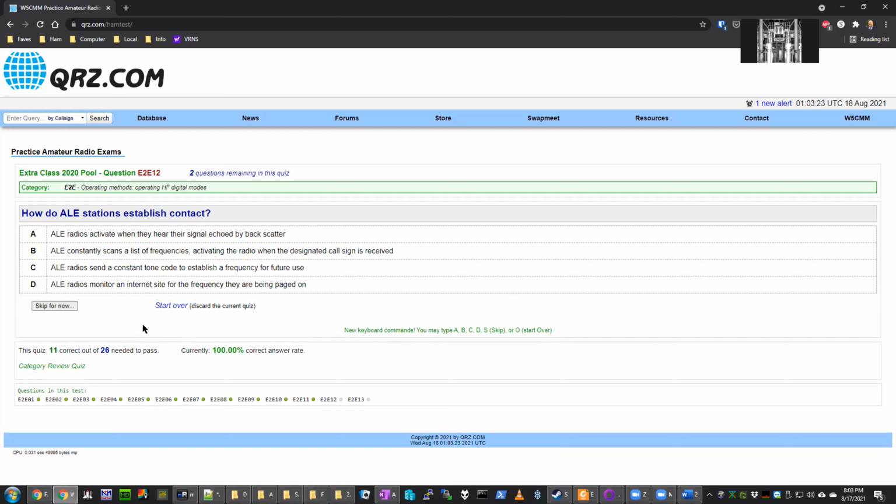How do ALE stations establish contact? Bravo. Yeah, B. ALE is short for automatic link establishment. It's used very much by the military to ensure communications between two stations.